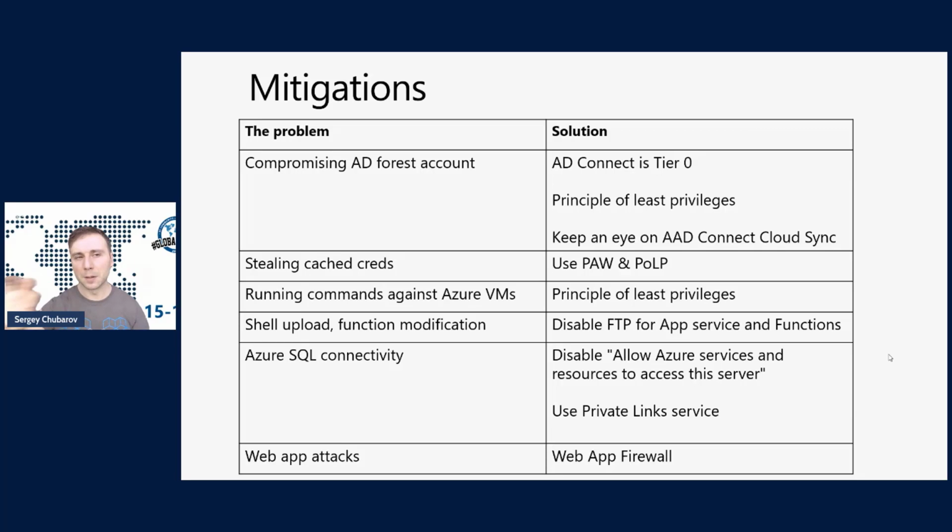And finally, in this first problem, keep an eye on what's called Azure AD Connect Cloud Sync. That's the new tool that is deployed in the cloud. You may think about this like AD Connect, but in the cloud. It's not installed on premises, but deployed in the cloud like a managed service.